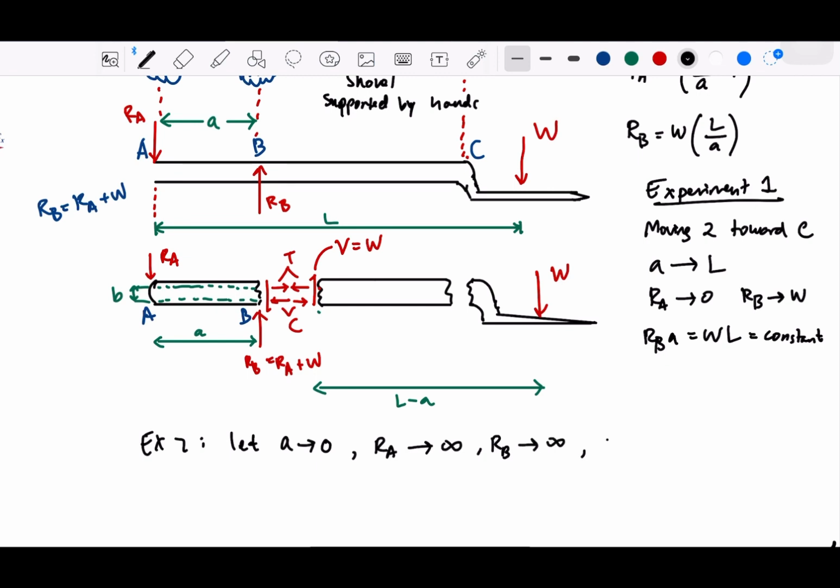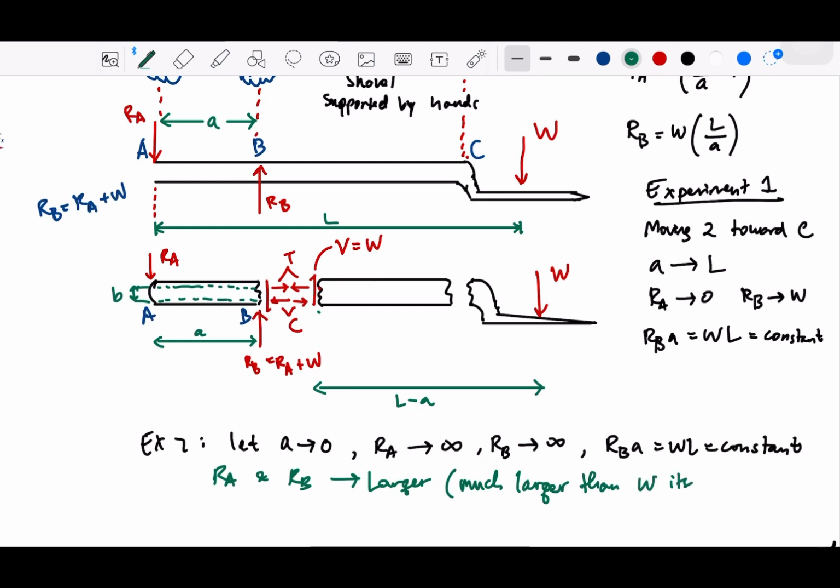And remember that this is always a constant. So RA and RB will be larger and larger, much larger than the weight itself. But the moment RB times A is still the same.